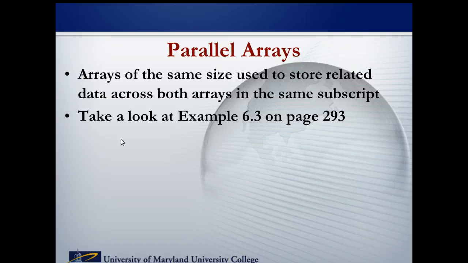There are what are called parallel arrays, which are still one-dimensional arrays that are used side by side that contain the same or related information. So let's take a look at example 6.3 on page 293, and see how that works.